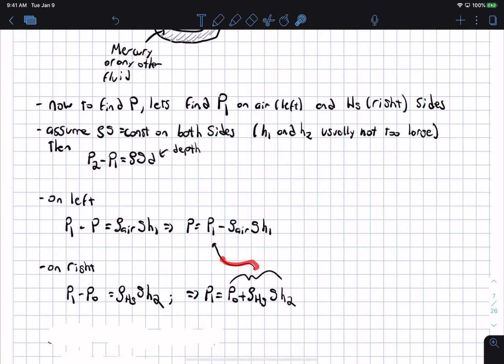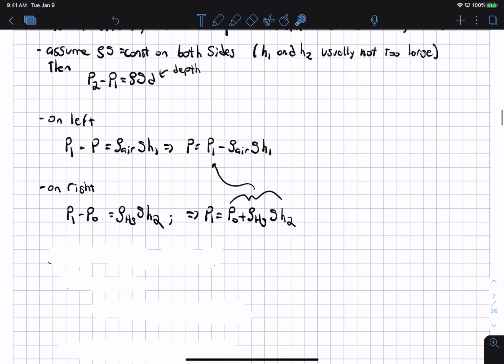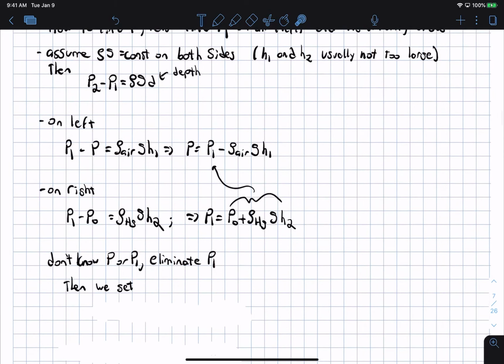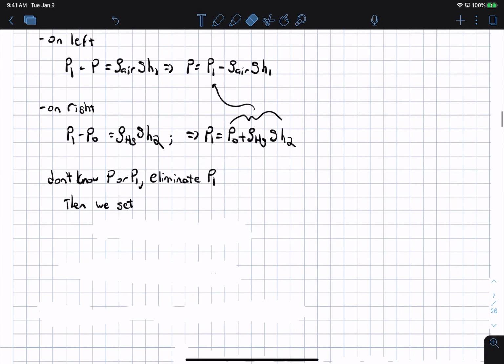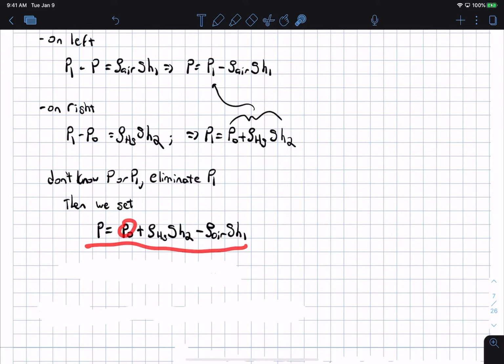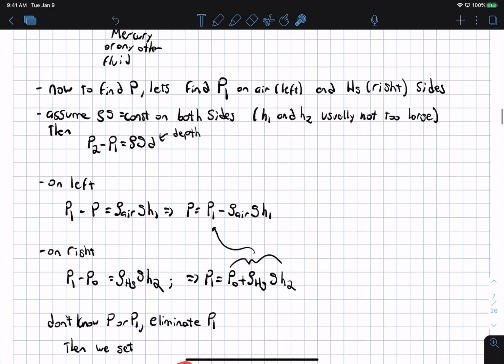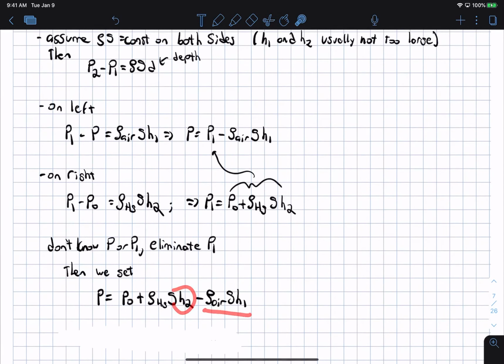Okay, and now I can take that P1 and stuff it into our expression for P. And you basically do that, and you can eliminate P1. And when you do so, we get that the pressure in the pipe is equal to the atmospheric pressure plus rho mercury times g times H2 minus the density of the air times g times H1.